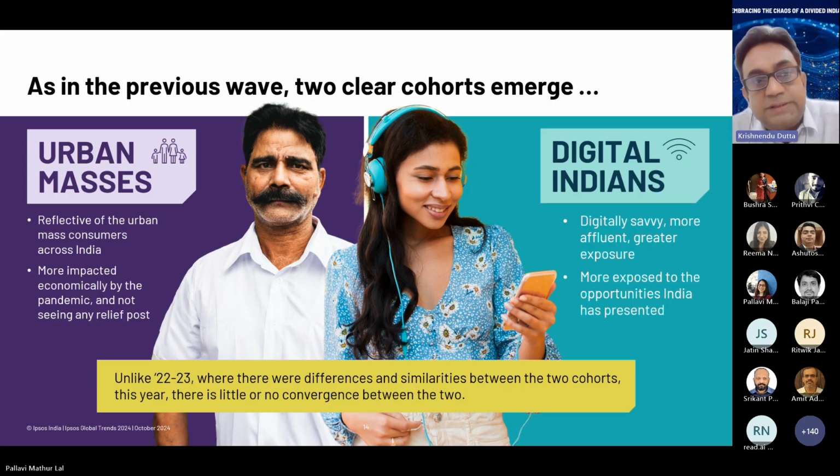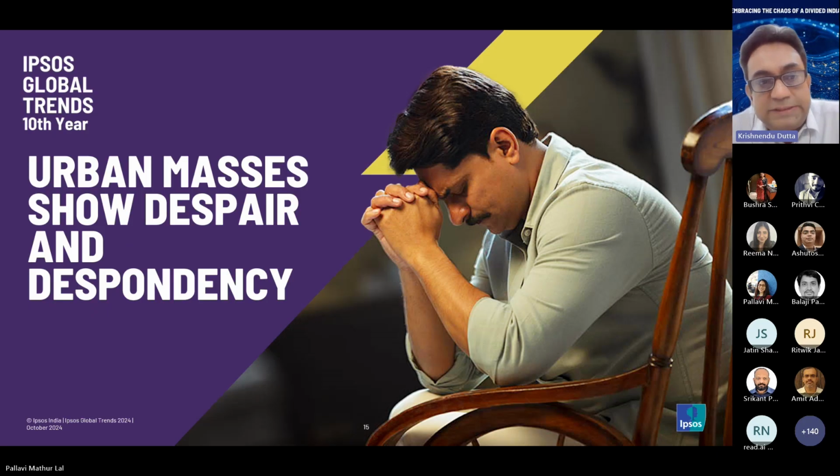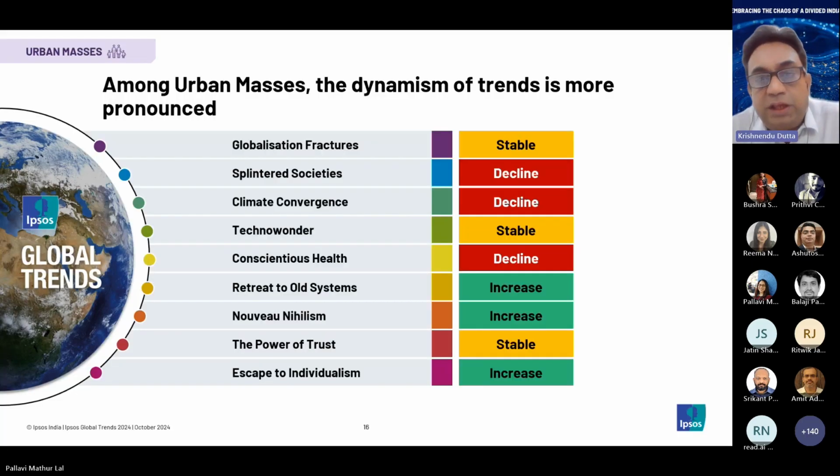We will first focus on the urban masses, who this year show a fair bit of despair and despondency. Right at the beginning, when we look at the movement of the same trends between the last two waves across total urban India, through the lens of urban masses, we definitely see more shifts, more dynamism in the trends.